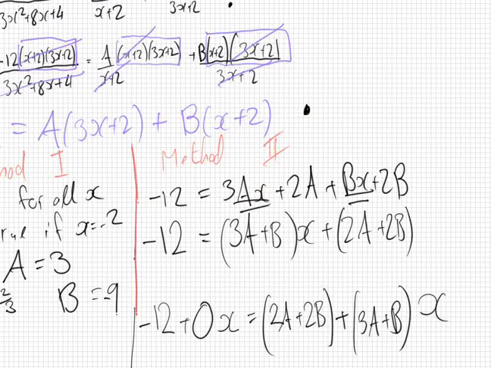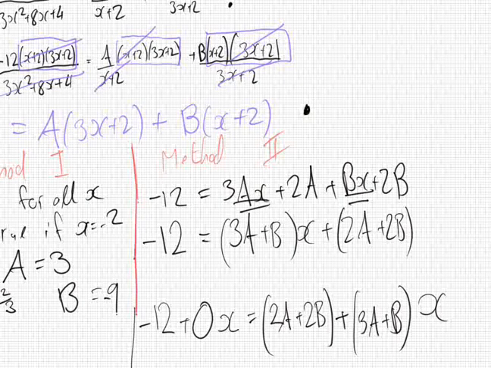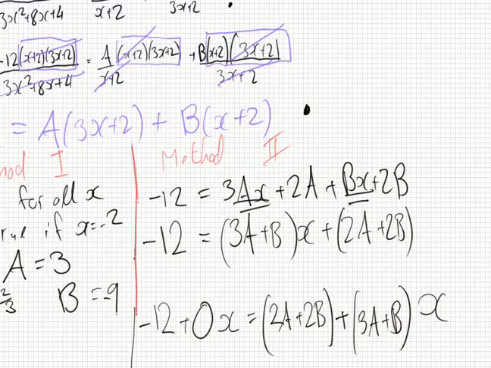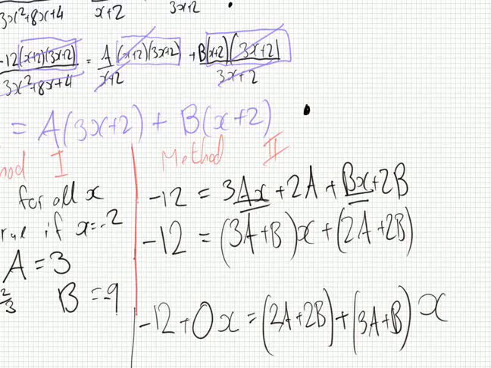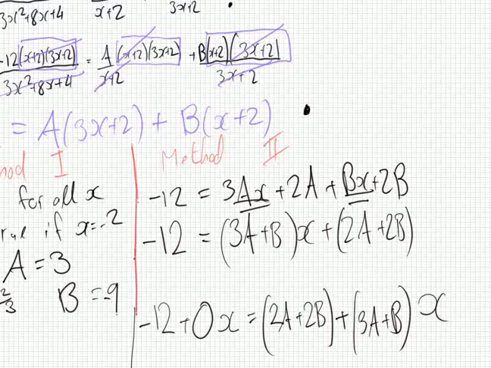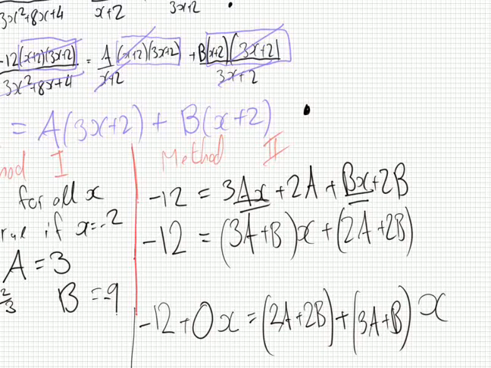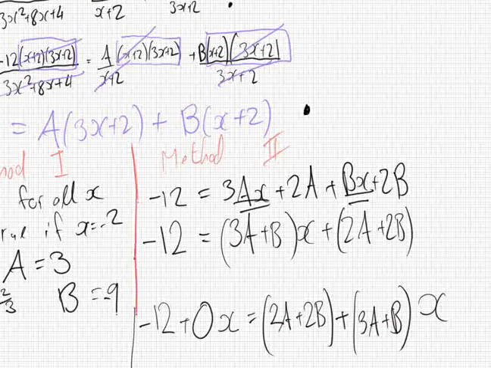So what happens then? You get two equations with two unknowns. What's the first equation? 2a plus 2b equals minus 12. And the second one, 3a plus b equals 0. And you know how to solve two equations, remember? In semester 1. And when you solve them, you get the exact same answers. Exactly the same answers when you solve these.